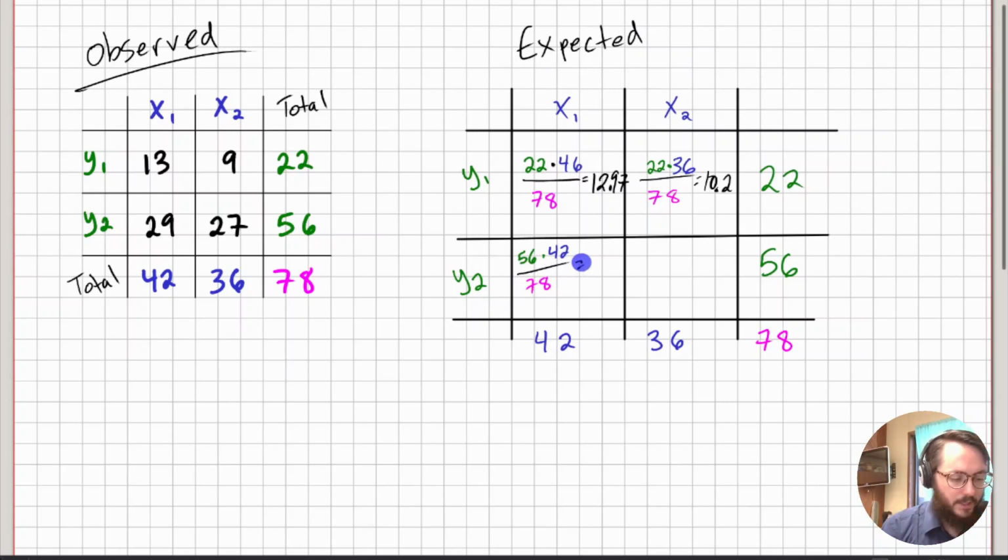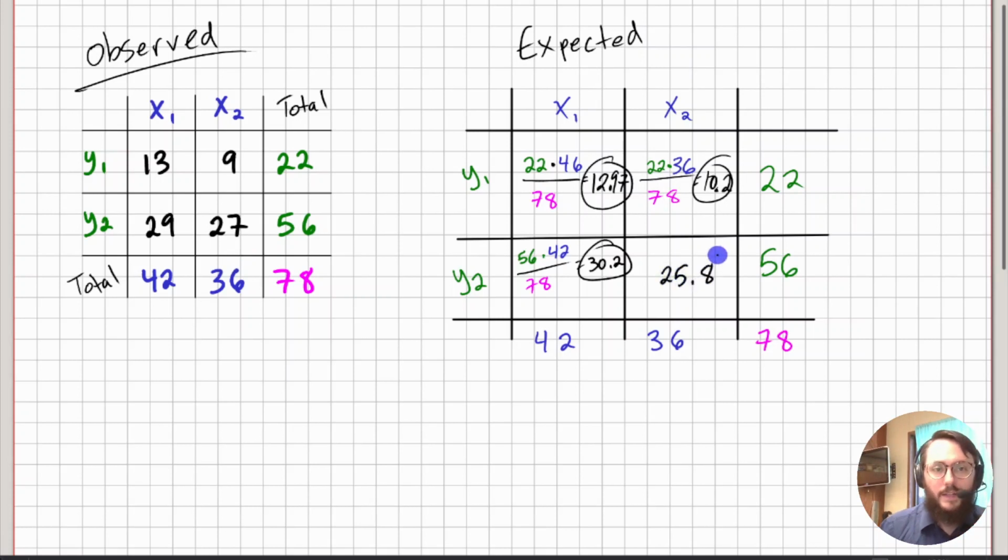So that's 30.2. And we can already see these expected frequencies here are pretty dang close to what we observed. So already we might have an inkling that these are going to be relatively independent. And when you do this one, you get 25.8.